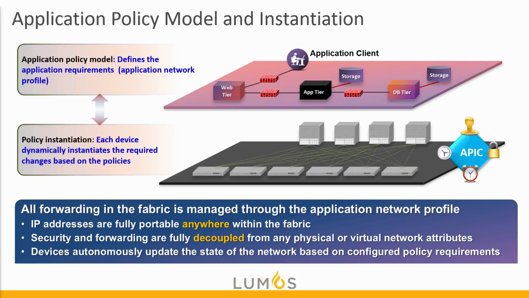But once we configure it, the APIC pushes this down to the fabric infrastructure, and it begins provisioning, especially if we're doing on demand. As VMs show up on switches, we begin instantiating these profiles. So for instance, a VRF shows up, an SVI shows up, a VXLAN bridge domain shows up.